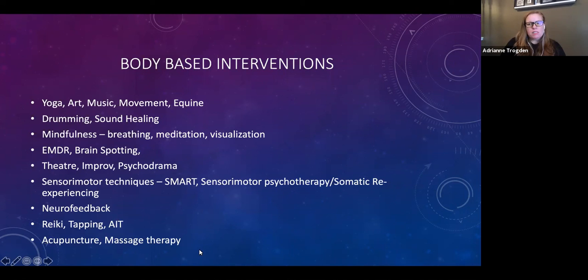All of these things can be really beneficial for clients that are having kind of a somatic response to trauma. So not every client is going to find all of these helpful or even be interested in all of these kinds of techniques. They're kind of what most consider alternative treatment options, or not your mainstream treatment options in a lot of ways.